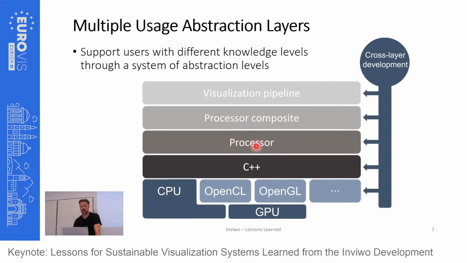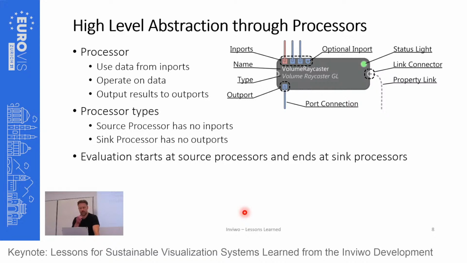We can have processors, we can composite them, and we can form visualization pipelines. So you could say the level of complexity is actually going up when you go from top to bottom, right? You can interact with the visualization pipeline very easily, even if you're a layman. But GPU programming is probably something where you should have some previous knowledge. And this was the core design principle of the Inviwo system.